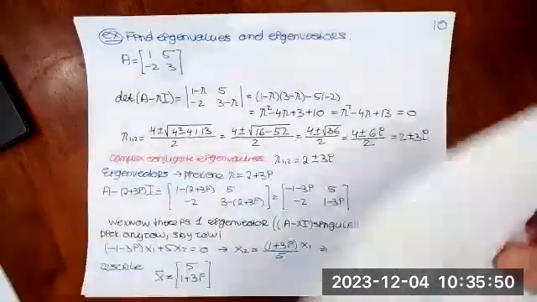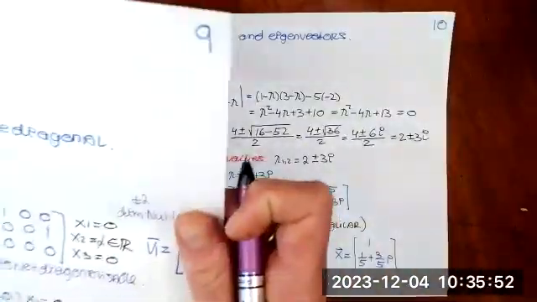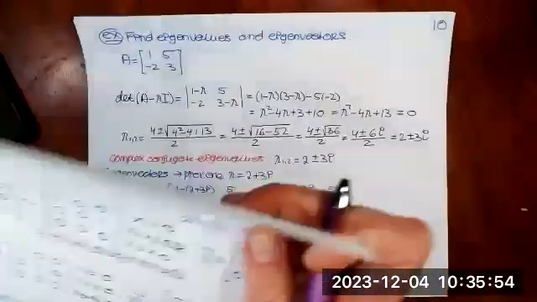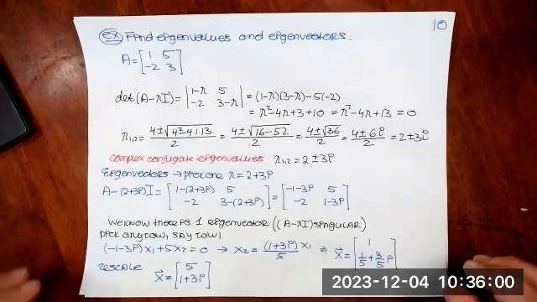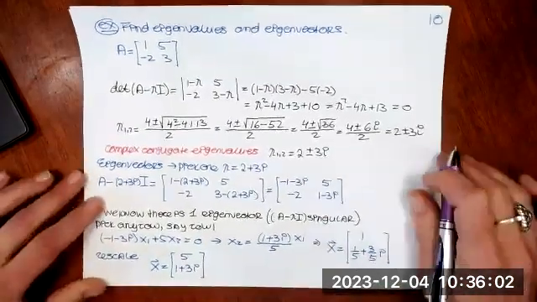So complex eigenvalues. I don't think you have a quiz problem for that yet. All right, so for complex eigenvalues, if you have a question, it's going to be something like this.